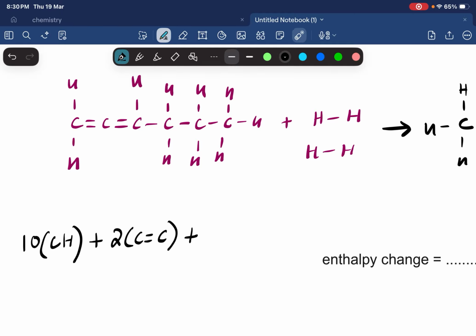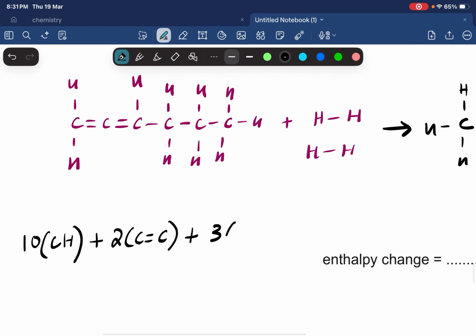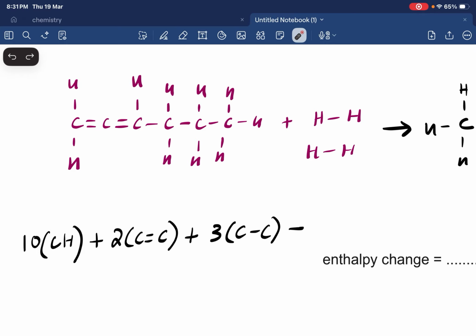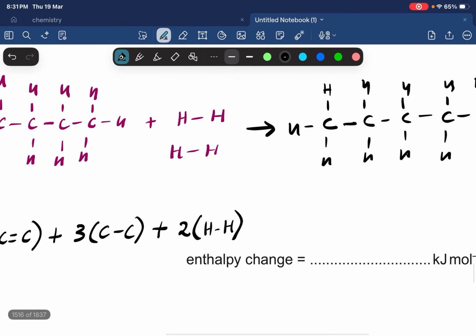Plus, how many carbon-carbon single bonds? 3 carbon-carbon single bonds. Plus 1 hydrogen-hydrogen single bond, another hydrogen-hydrogen single bond. Okay, done.